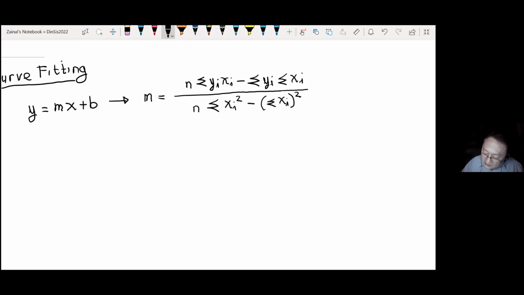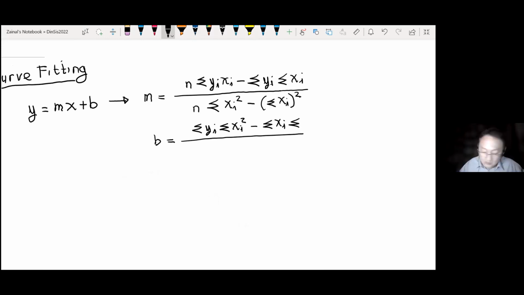And b is equal to sigma yi sigma xi squared minus sigma xi sigma yi xi, divided by n sigma xi squared minus sigma xi squared.